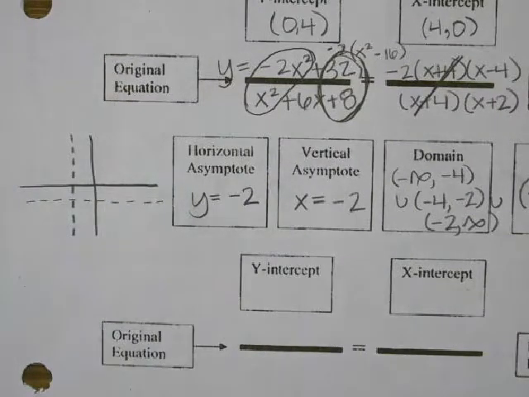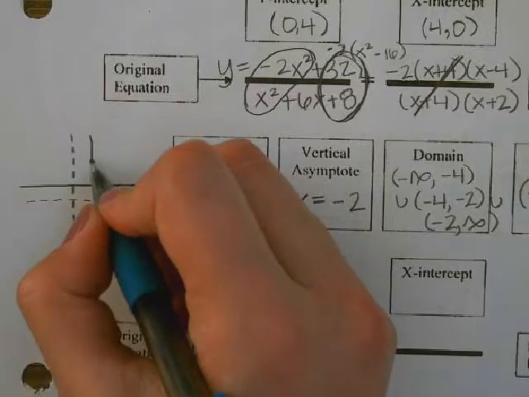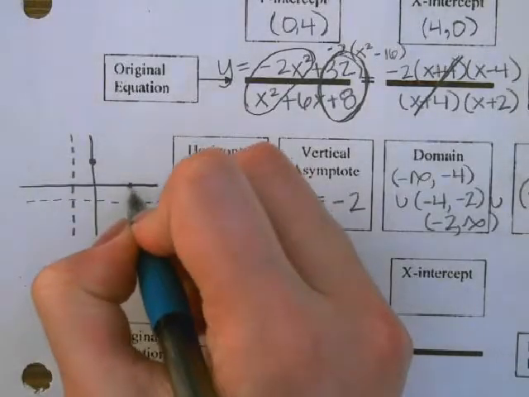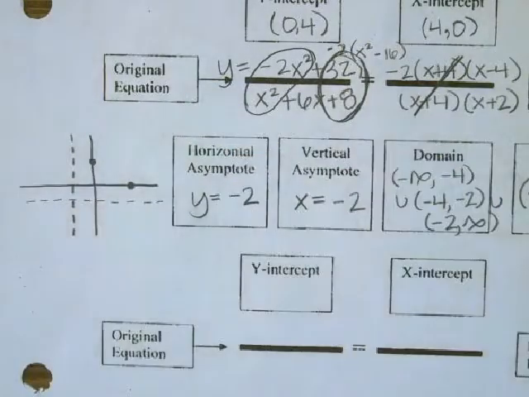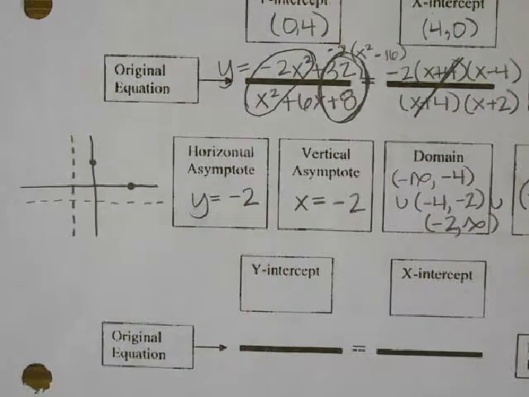And we have a y-intercept at 4 and an x-intercept at 4. And we have a hole at negative 4, negative 8.